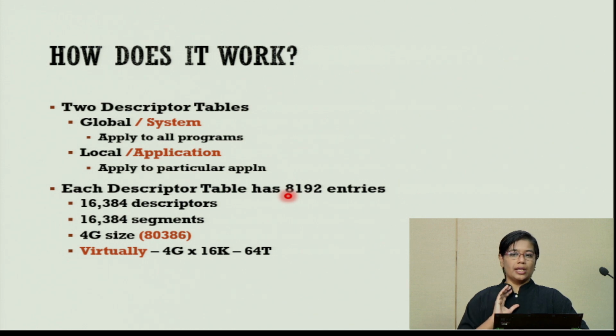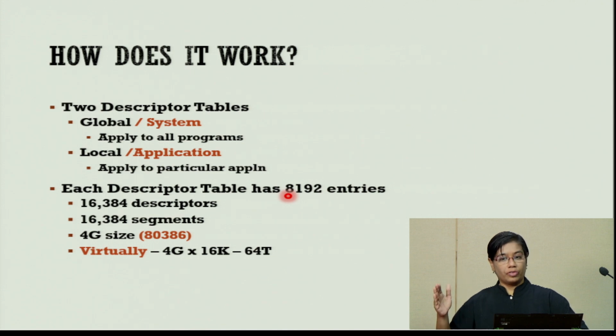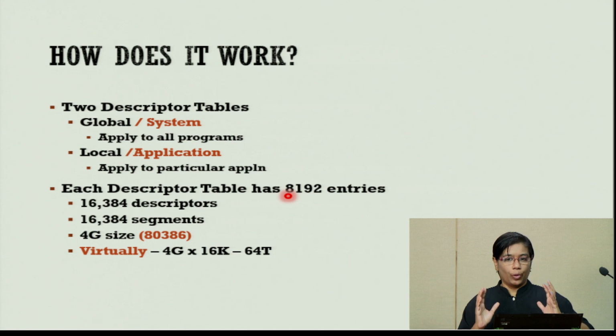Physically, this memory is not present because you are restricted by the address lines. Address lines are 32 bits, so physically you have only 4 GB of memory. But you can have 16K segments and every segment can be of size 4G. So virtually, when you are writing a program, you can assume that there is 64 terabytes of memory.